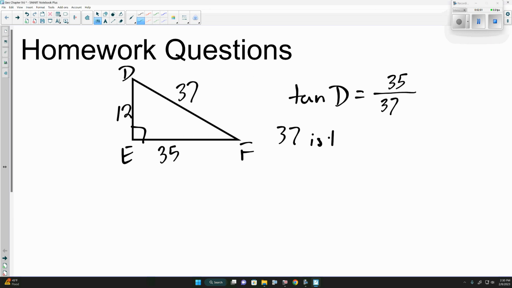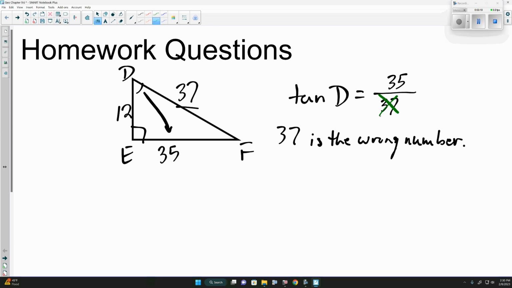So 37 is the wrong number, because for angle D, they did take the opposite side, but they also took the hypotenuse.